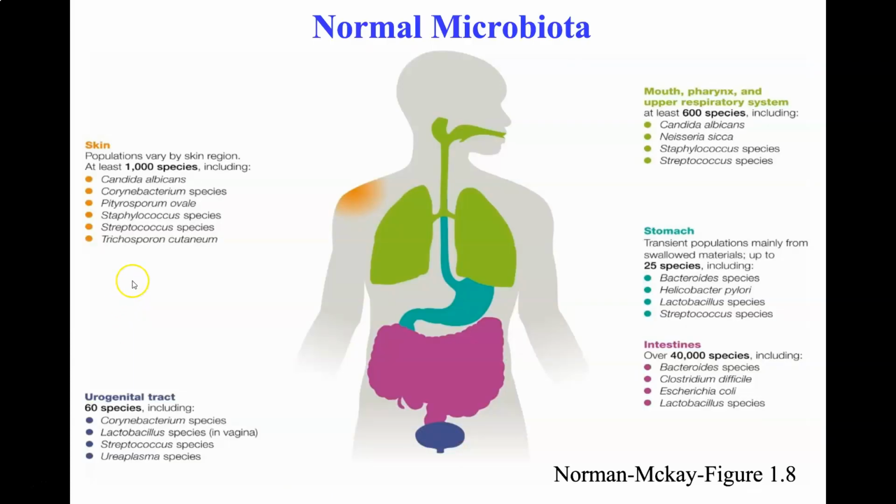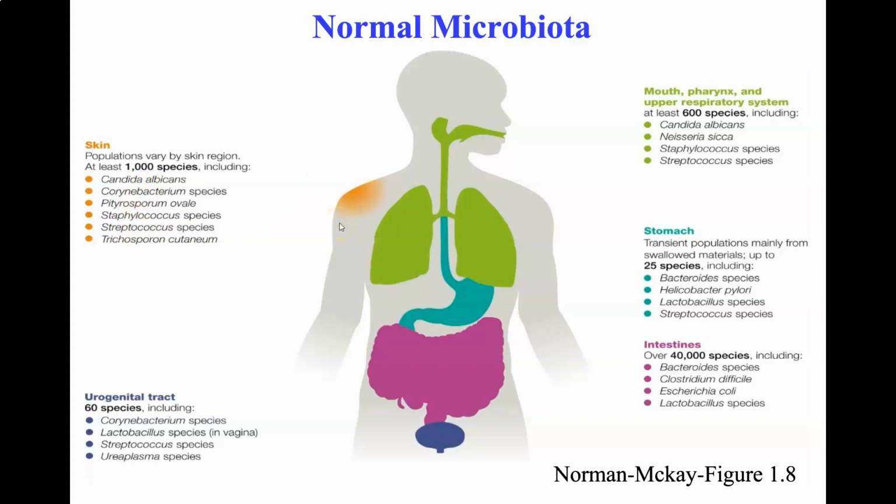Here is just a little idea of how many microbes are present on and in our body. For example, on our skin, there are around 1,000 species of bacteria present, from Candida, Staphylococcus, Streptococcus.